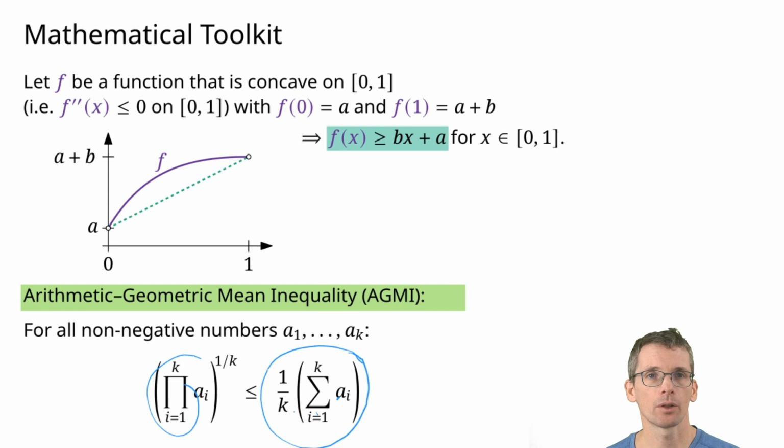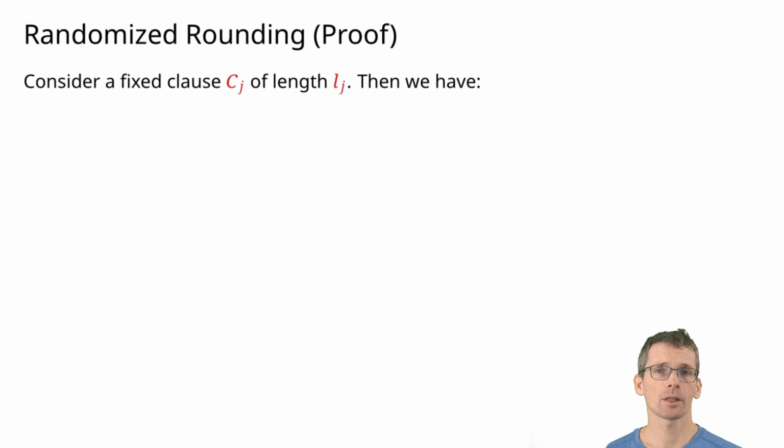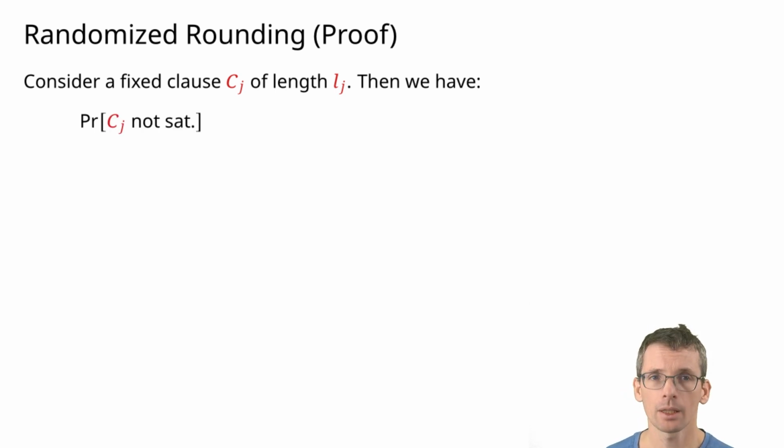Now we are ready to do the analysis of the algorithm using randomized rounding. So let's consider a clause Cj, and let's say it has length Lj. Let's first consider the probability that the clause is not satisfied. It is not satisfied if everything that occurs positively is set to 0 and everything that occurs negatively is set to 1. So what is the probability that a variable that occurs positively is set to 0?